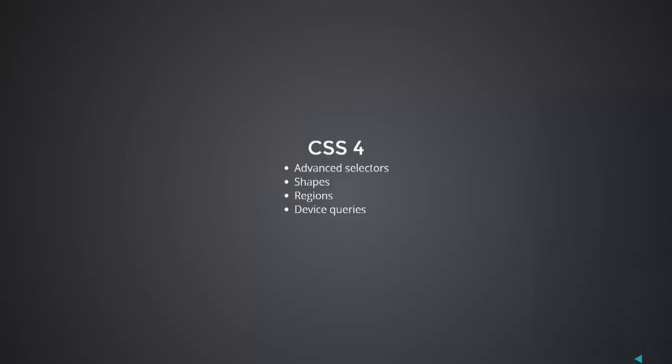There's no release date from what I remember, or at least at the time of this video. But some of the stuff we will see in CSS4 is very advanced selectors, CSS shapes, CSS regions, and also device queries, which is really amazing. And we'll understand why somewhere around the intermediate section of this course.